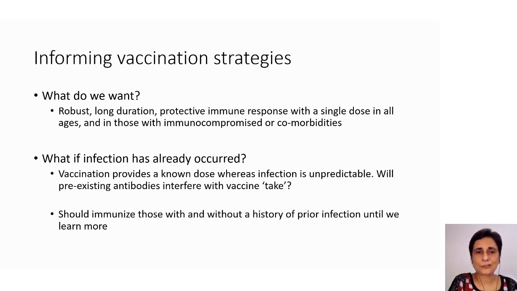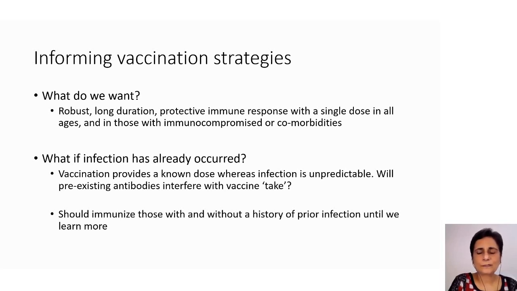We know protection, but we don't know how long this protection is going to last. So far, we have not achieved this with a single dose. The vaccines that we are using are two-dose vaccines, and we do not know whether this will work in people with immunocompromised or with comorbidities, though the data are encouraging in that the elderly appear to be protected.